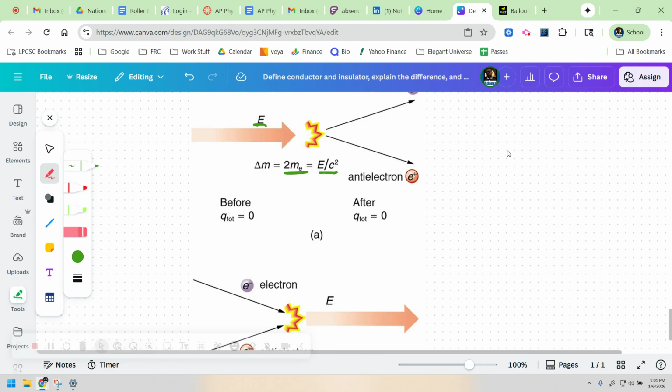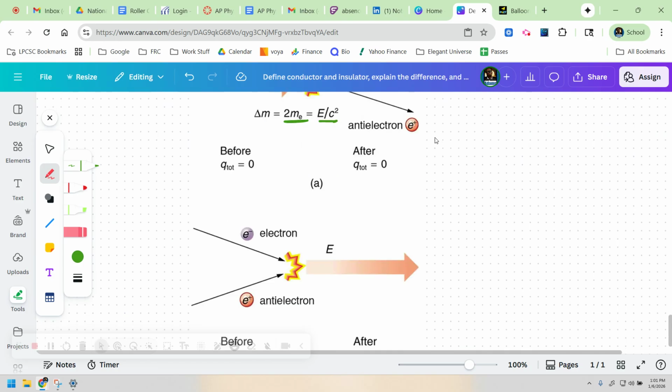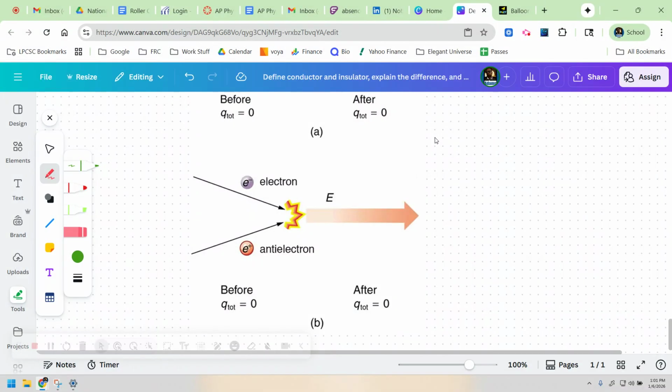So there's energy that's going to come in, and you can create matter, but we haven't figured out how to do that. But what we are really good at is taking matter, doing some sort of reaction, and getting the energy out of it. And the energy, like in a nuclear reactor, is usually in the form of heat.